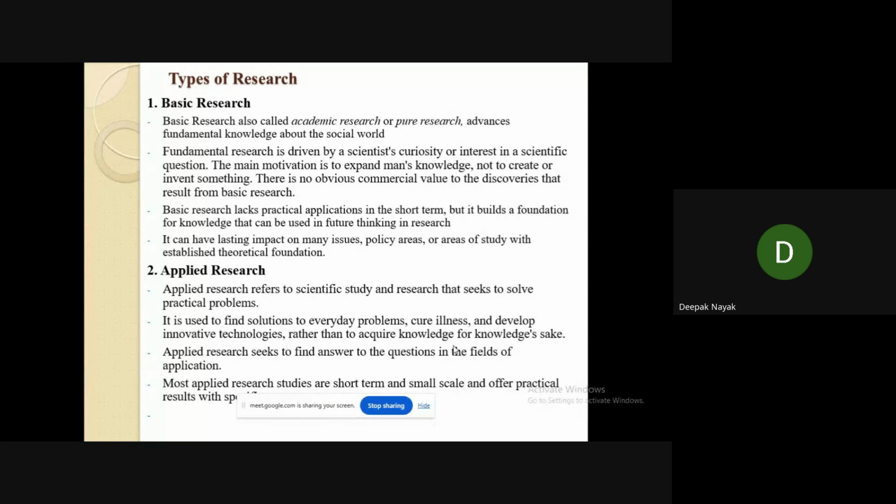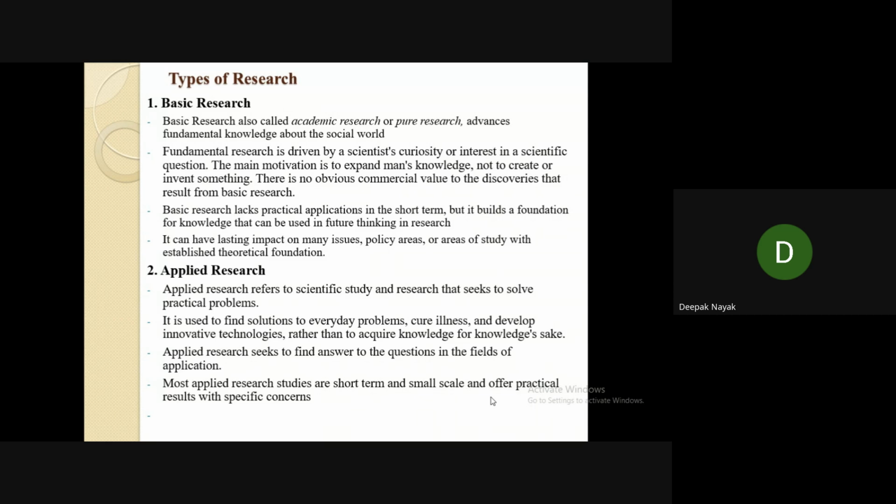Social work particularly is very much interested in applied research, because we try to solve human problems, and we want to apply our knowledge for solving practical problems in the field of social work practice. So applied research basically emphasizes short term gains by applying knowledge in the field of social development and social problems, and appropriate solutions to those problems.